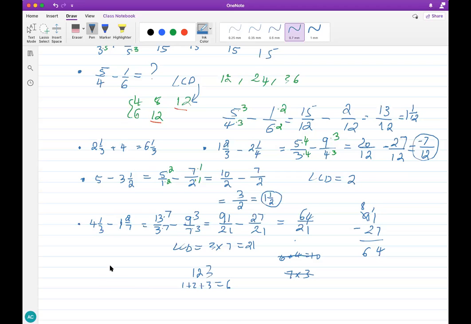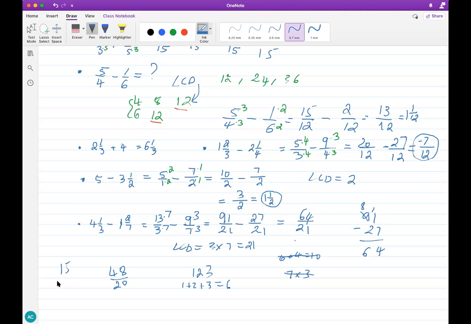Another trick is if both numbers are even, we can reduce this by 2. Since they're both even, that means there is at least one number that goes into both, which is 2. That's right. Here's another one.